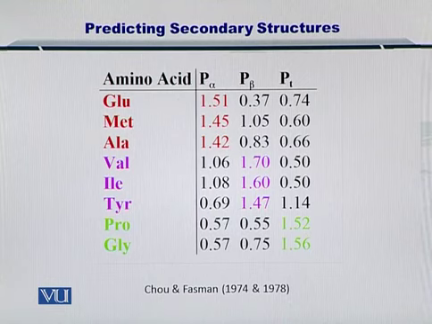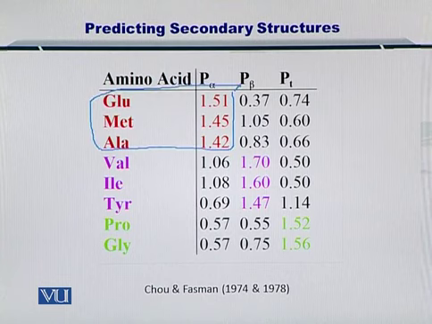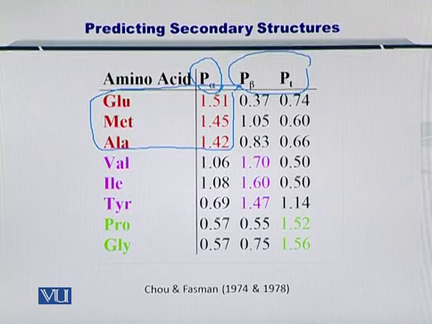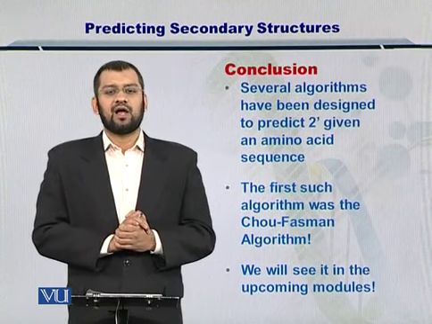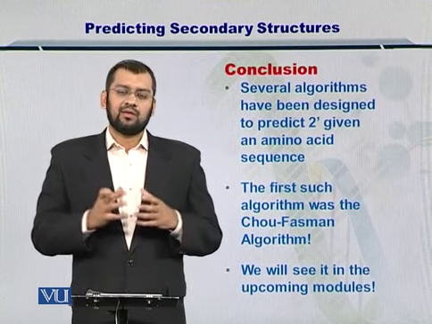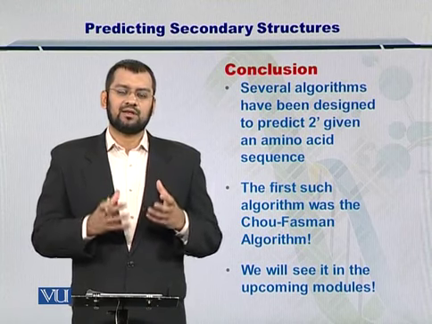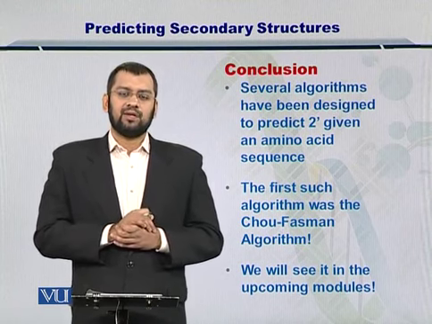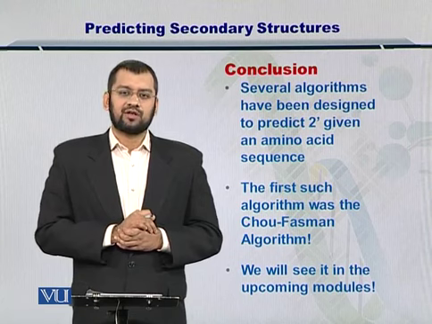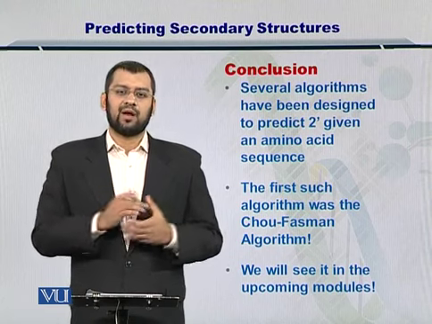However, extending the concept, if you have lots of these amino acids within the primary sequence, then the propensity of formation of alpha helix will obviously be higher than the propensity of formation of a beta sheet or a turn. So in conclusion, there are several such algorithms that mine the statistics that are there in the PDB, and they can predict the secondary structures by looking at the primary sequence.